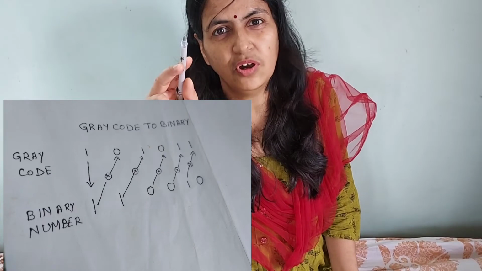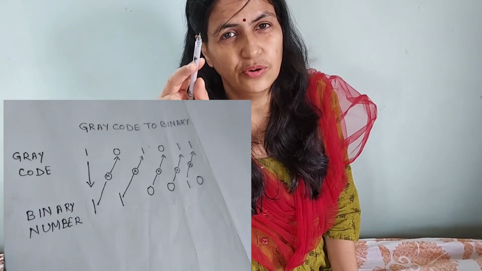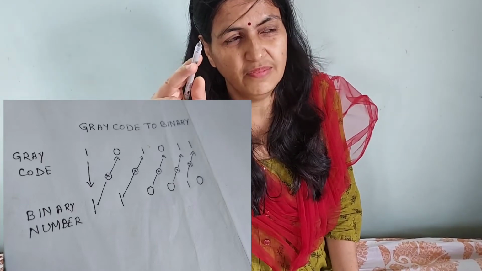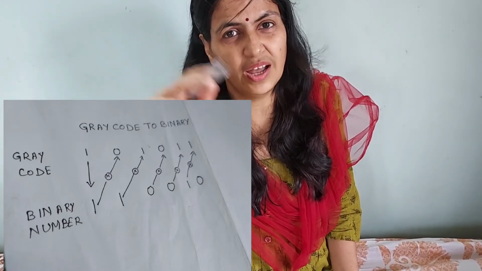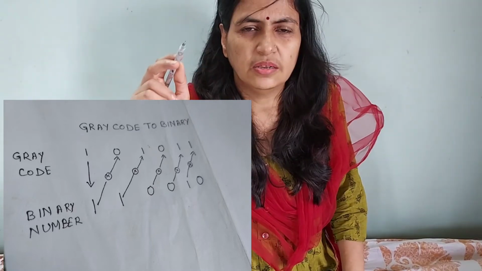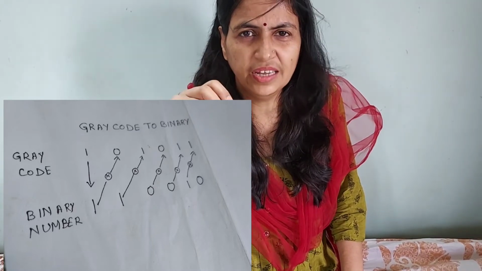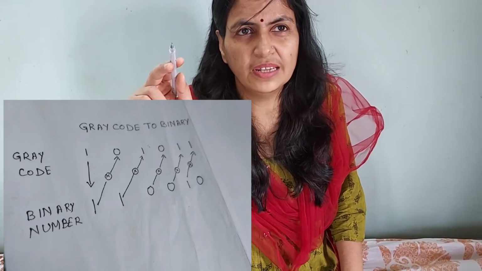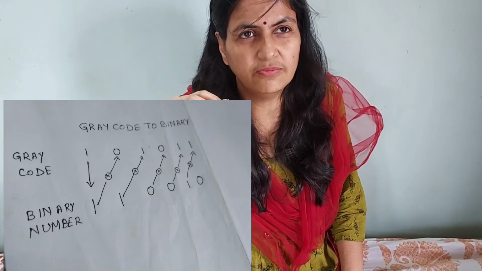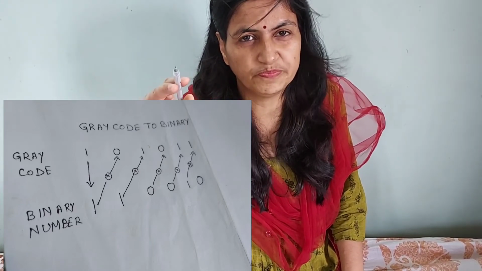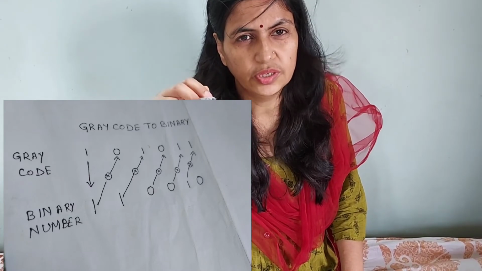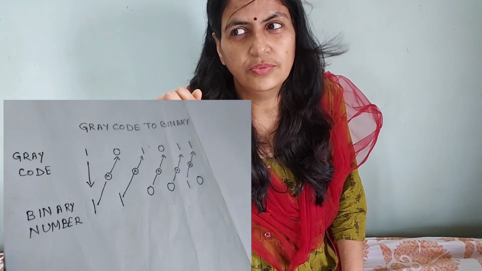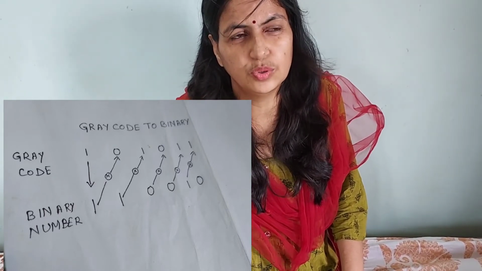Now the third term of gray code is 1. The second term of binary and third term of gray in XOR operation, 1 XOR 1, is equal to 0. Third term of binary is 0 and fourth term of gray code is 0, so the XOR operation gives 0. Then we get 1 1 0 0.